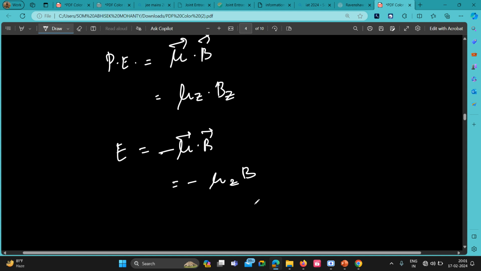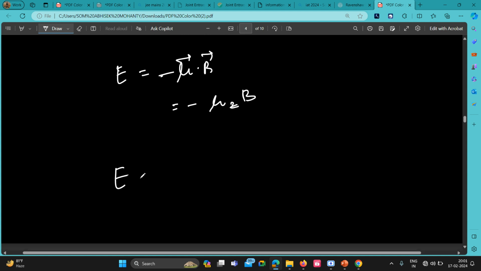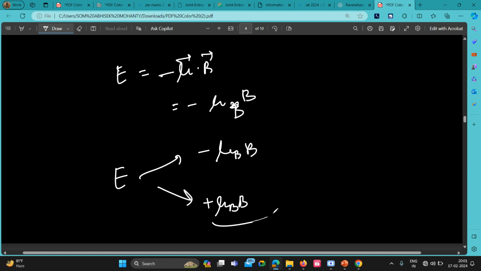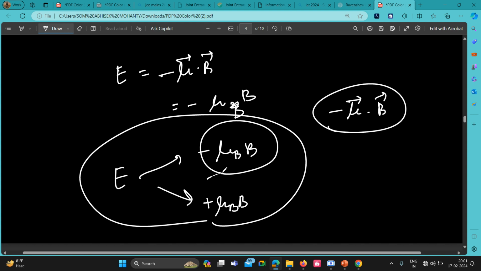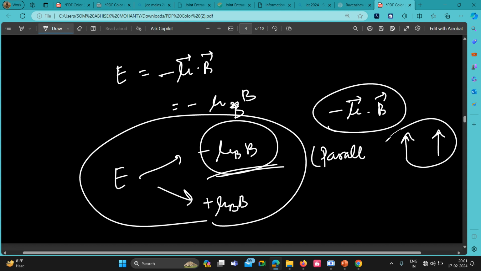If you see, E will have two values. One will be minus mu B, another will be plus mu B. So two values for E. This one, minus mu B, is for parallel orientation, where the spin is along the magnetic field direction.